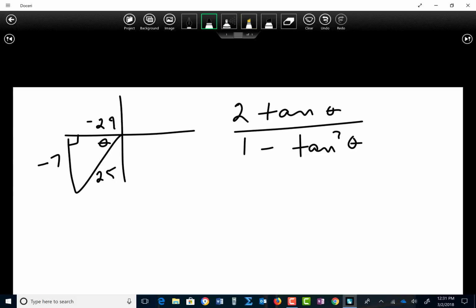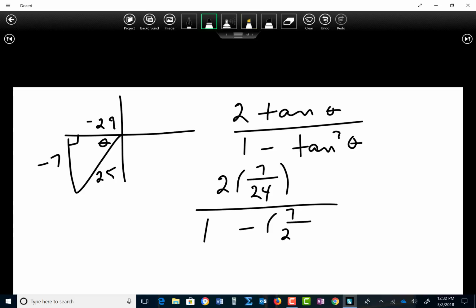So tangent is, which they gave you, opposite over adjacent, which is positive because two negatives make a positive. 1 minus tangent squared. You didn't even need to know the hypotenuse because they gave you tangent in this one.